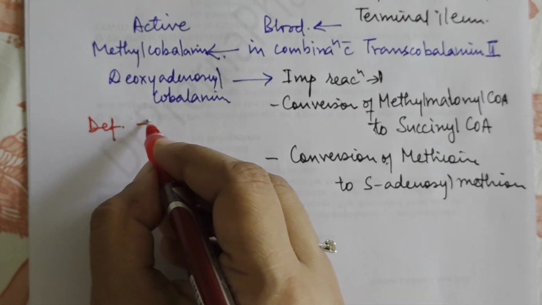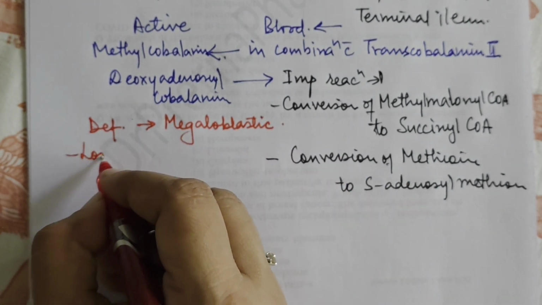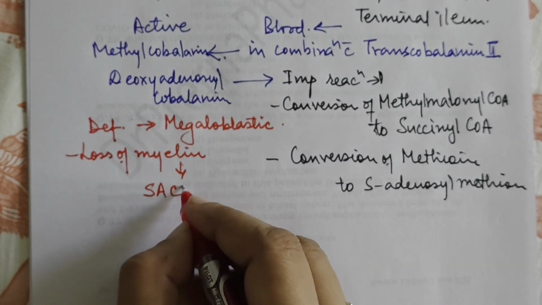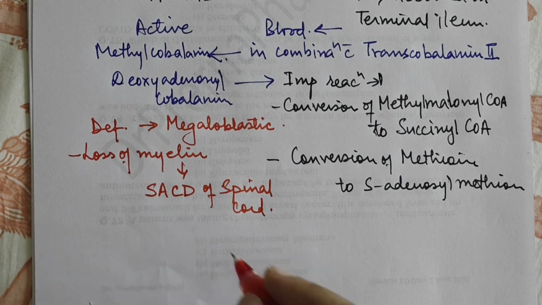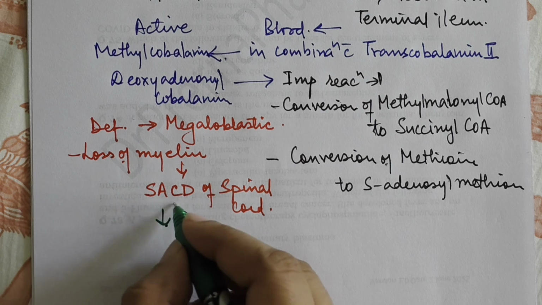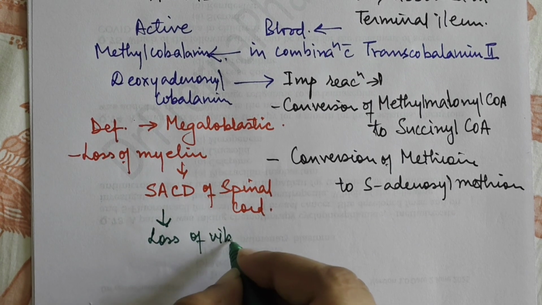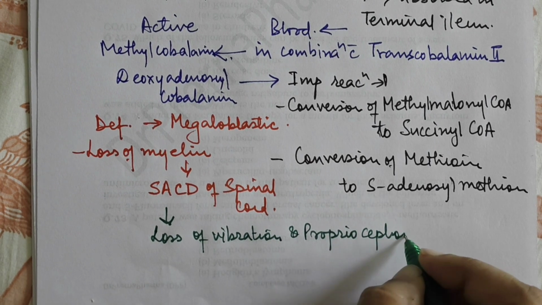Now deficiency of vitamin B12 causes megaloblastic anemia, right? And loss of myelin happens when there's a deficiency of vitamin B12, and it results in subacute combined degeneration of spinal cord. Okay, so this is a very important side effect. You should remember subacute combined degeneration of spinal cord caused by deficiency, and what it causes is loss of vibration and proprioception.